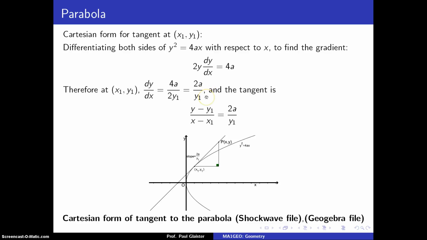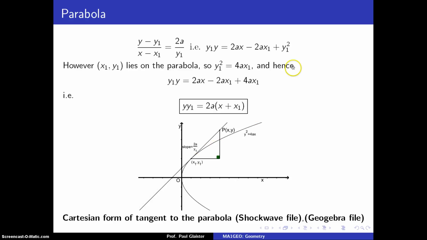In other words, this. Again, if (x, y) is a point on the tangent, (x1, y1) is a point on the tangent but on the parabola, then this represents the fact that the gradient of the line segment from (x1, y1) to P is the same as the gradient 2a over y1.